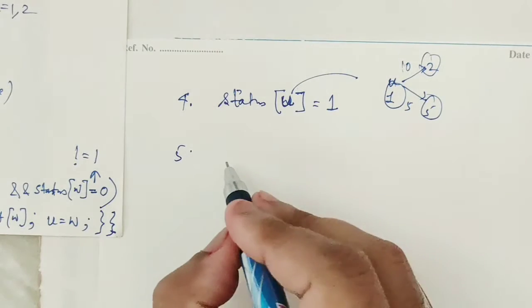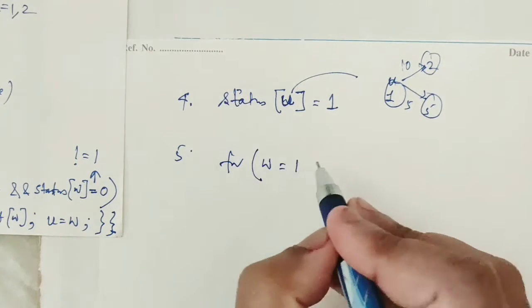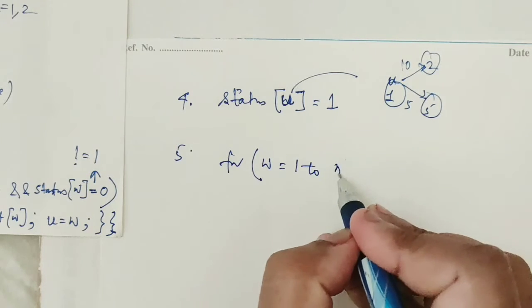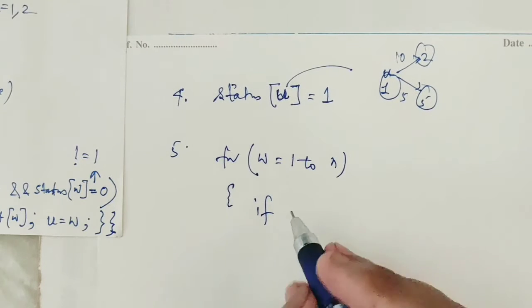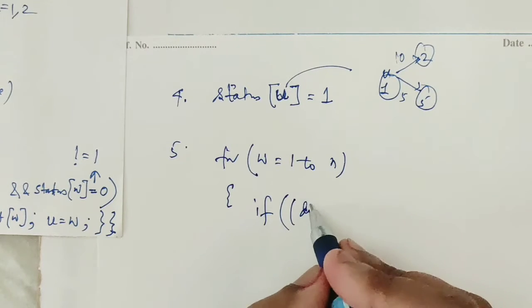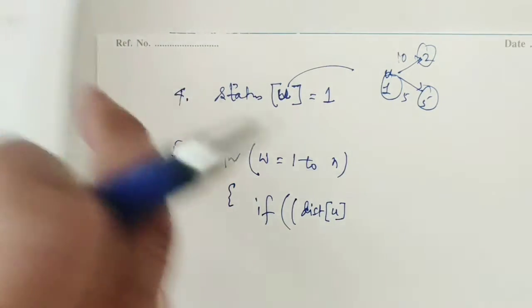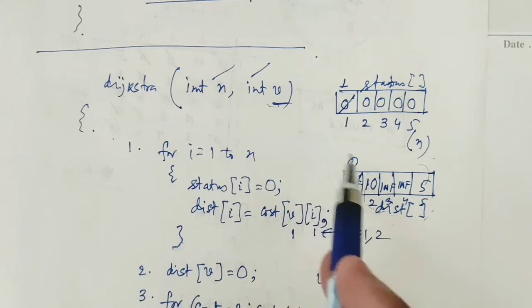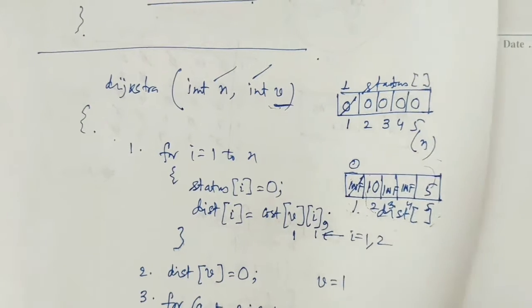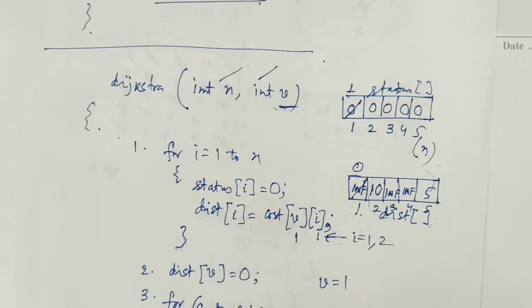Suppose W is a parameter, W equals 1 to N. You will write the simple formula: if dist of U. We call dist of U because using the dist array you know the present D parameter value of the vertices; it may be infinity or any non-infinity value.